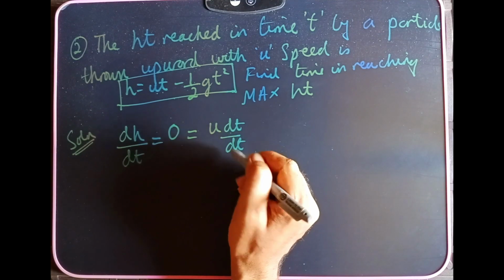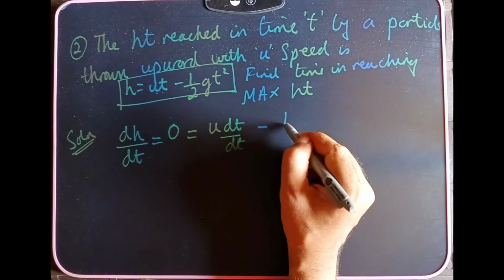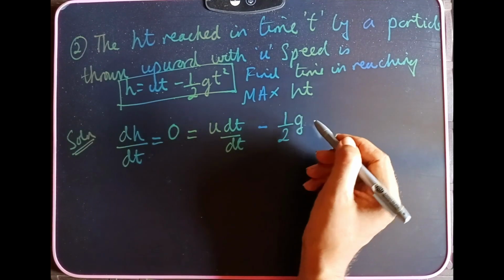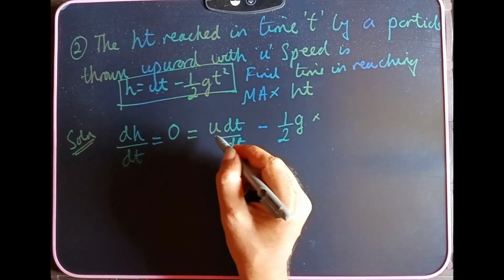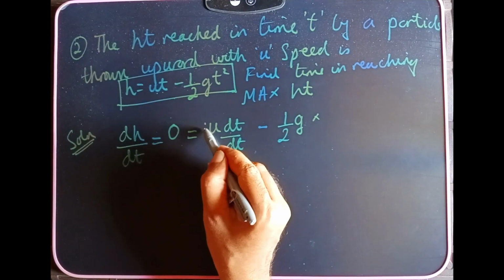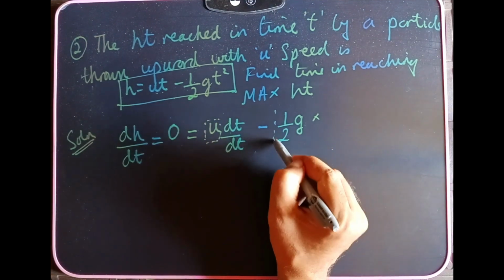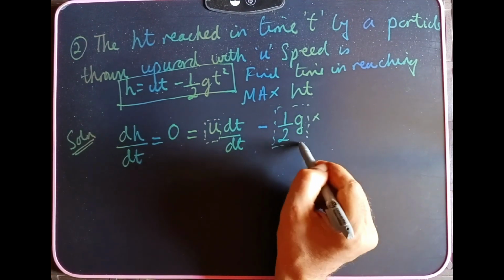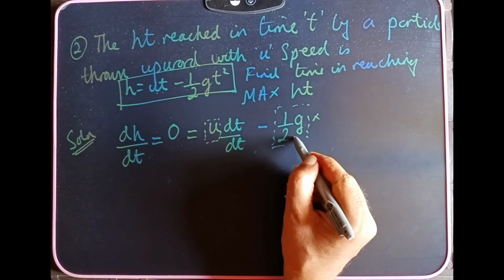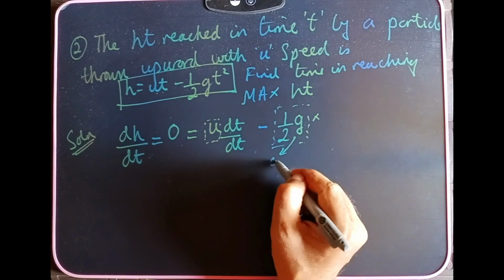U times dt by dt, and then you will say minus half g. These are all constants, right? If thrown upward with a speed u, it's not a variable, it's a constant. That's why I took u out. Here also this is a constant. Gravity is a constant, right?